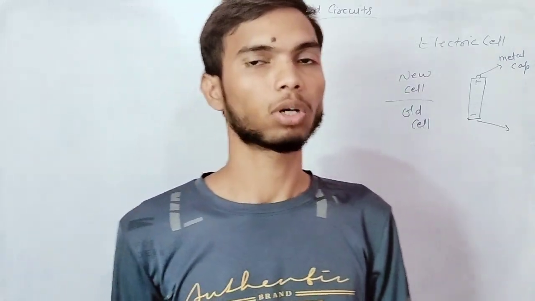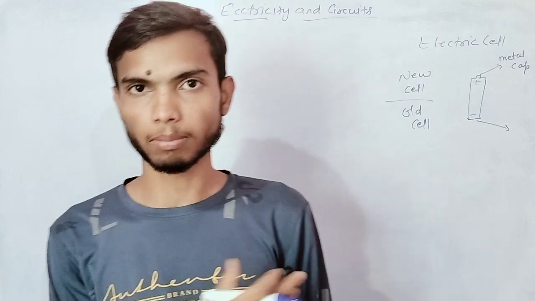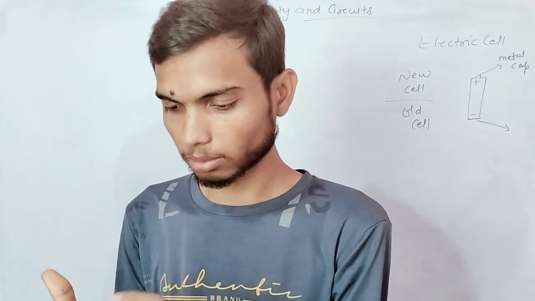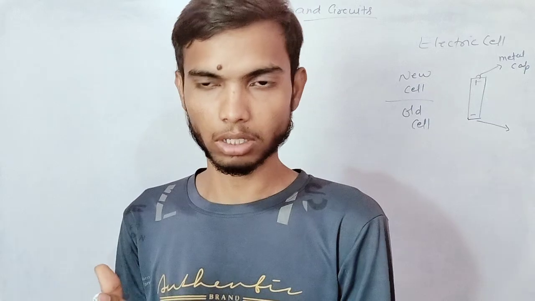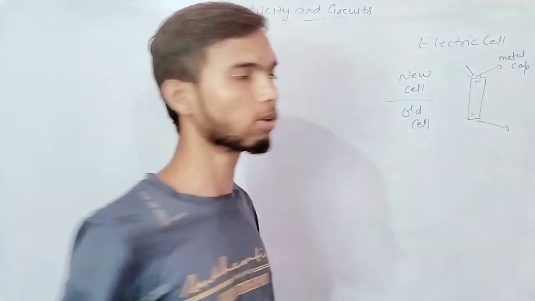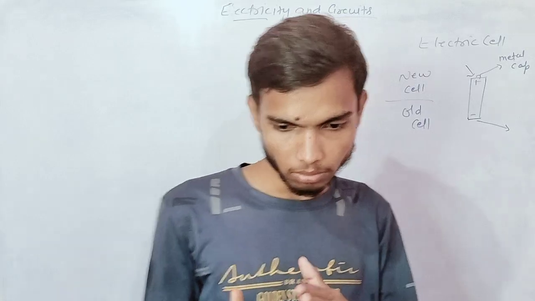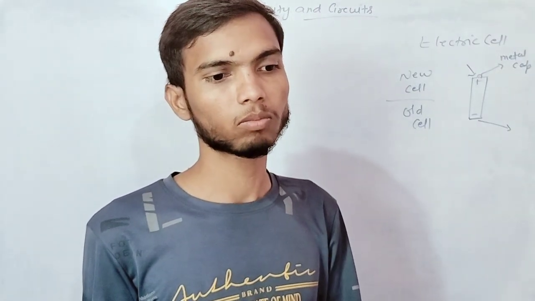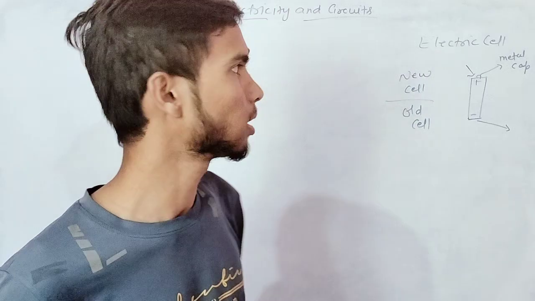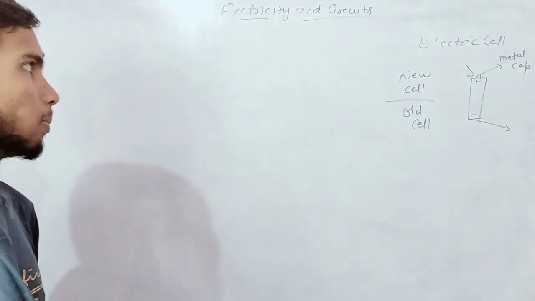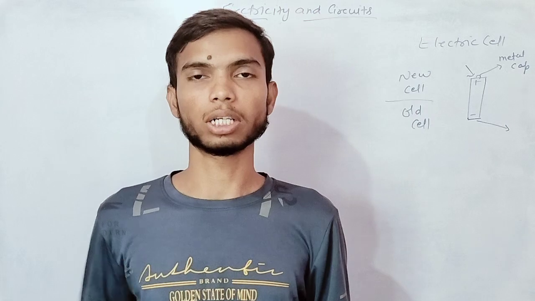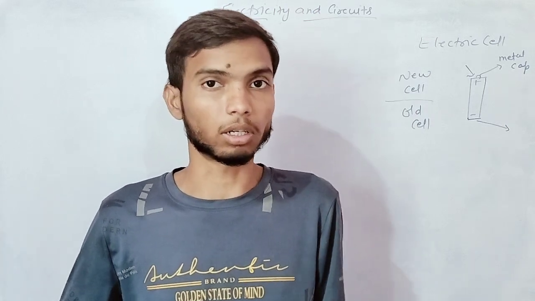You observe, if you have an electric cell, you can see where the positive sign is printed, at that place will appear the metal cap. So the metal cap is the positive terminal, just beside the printed positive sign.